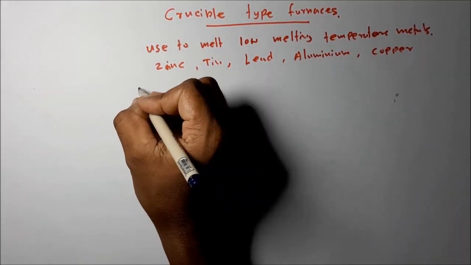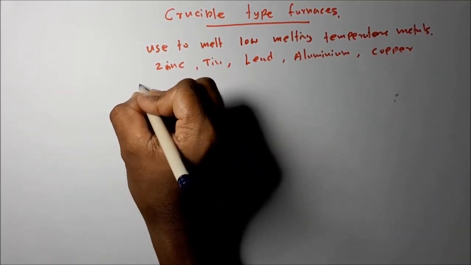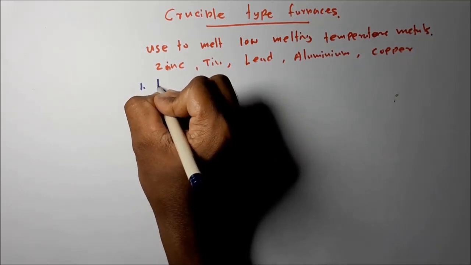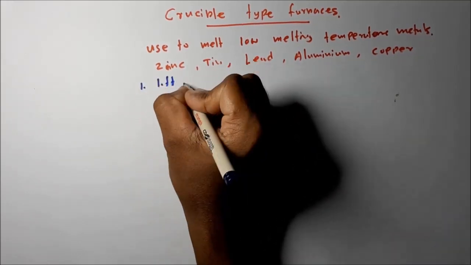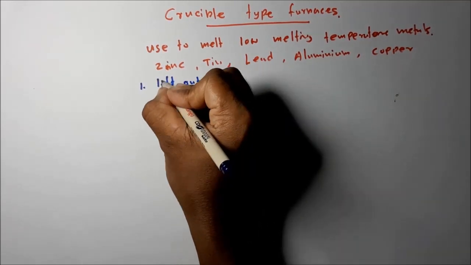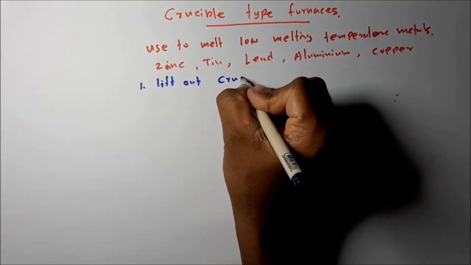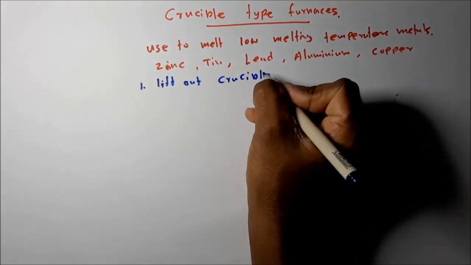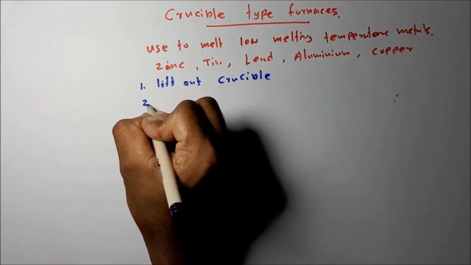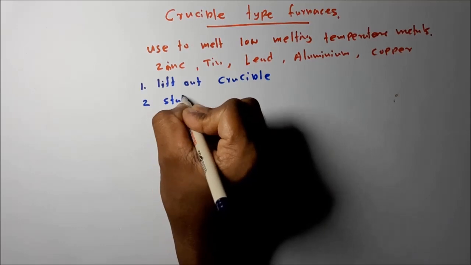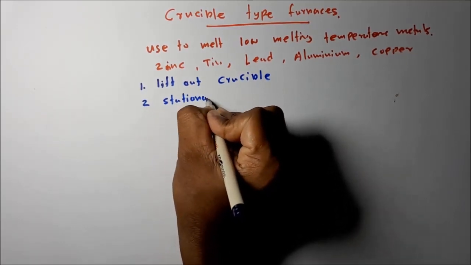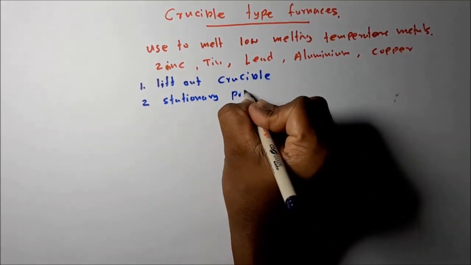Then three types of furnaces are there. First one, the lift out type. Second, the stationary pot type.